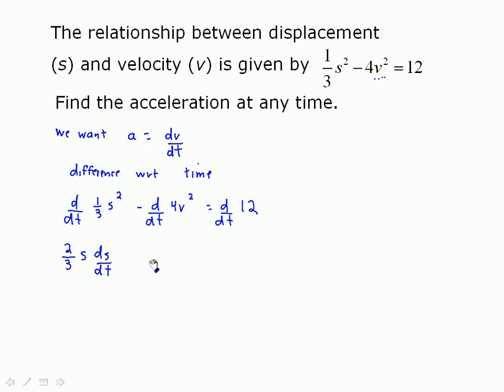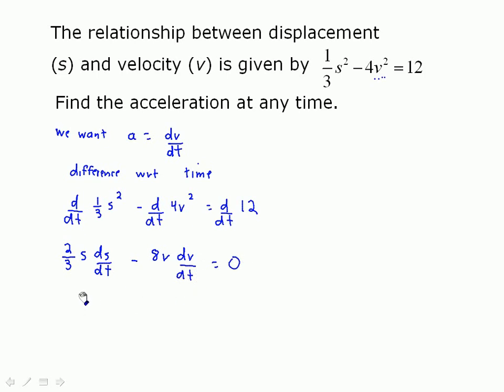I want to always be aware of what variable I'm dealing with, and ds dt gives me more information than s prime, because it's telling me what variable I'm taking it with respect to, and I'm not comfortable taking chances on this one. So 4v squared is 8v, but then we get dv dt. Now pay close attention to that variable, because dv dt is what we ultimately want. And then the derivative of 12 is just equal to 0.